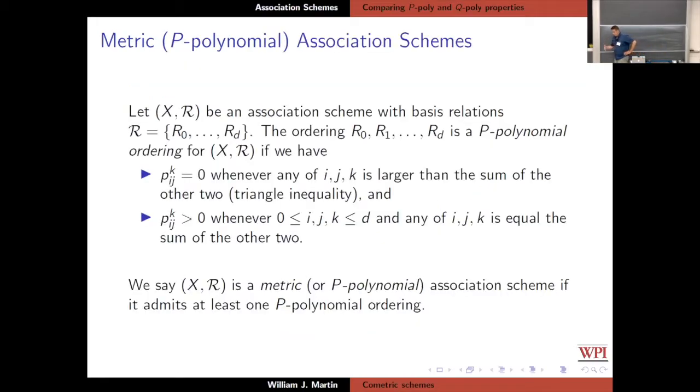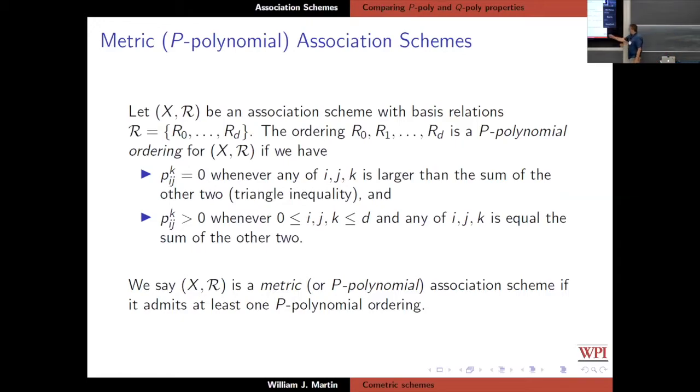An association scheme is P-polynomial, so I'm going to leave out the orthogonal polynomials. I apologize to those who love to see this in terms of polynomials. But an association scheme is metric or P-polynomial if you can order the relations so that each A_i is the distance-i relation of some A_1, a distance regular graph.